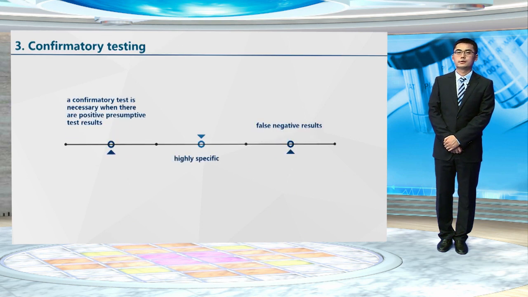The third part, confirmatory testing. Because of the presumptive nature of the catalytic test, a confirmatory test is necessary when there are positive presumptive test results. Identification of heme is also the basis of most confirmatory test procedures.